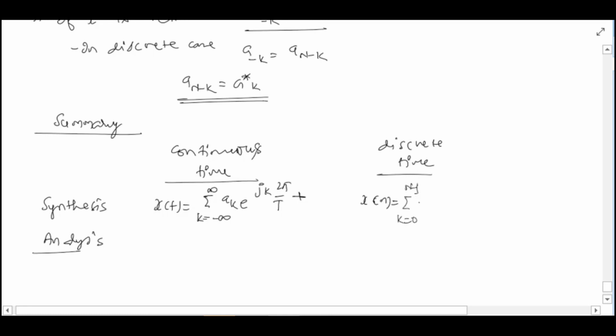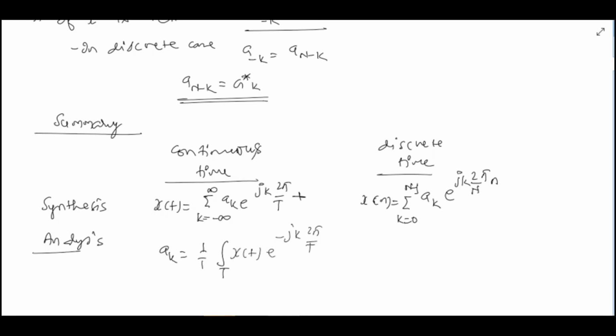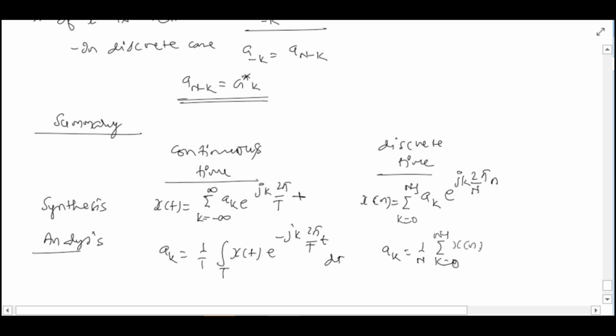a_k e raised to j k 2 pi by N small n. As far as analysis equations go, they become a_k equals 1 over T integral over T of x(t) e raised to minus j k 2 pi over T t dt, and in the discrete case the equation becomes a_k equals 1 over N, again sum from n equals 0 to N minus 1 of x[n] e raised to minus j k 2 pi by N n.